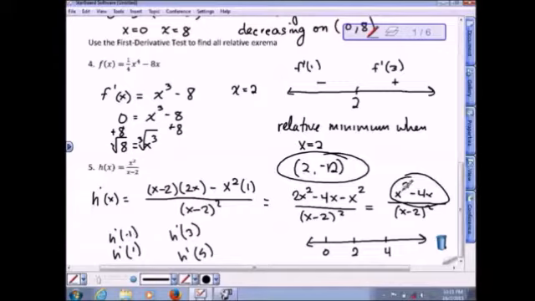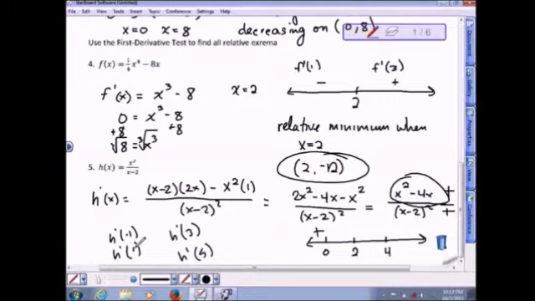If we look at negative 1, negative 1 squared is positive. Negative 4 times negative 1 is positive. So we have a positive in the numerator. Now, the denominator is being squared, so regardless of what happens in the parentheses, squared it always becomes positive. So the denominator will always yield something positive. Positive divided by a positive is a positive interval.